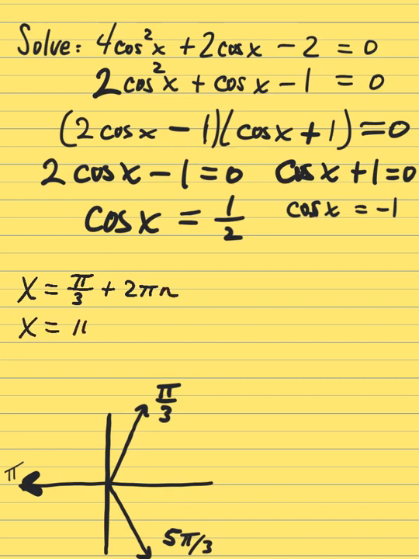Our second angle was π. In order to get back to that location, we have to make a full rotation. And our third angle was 5π/3. And we'll put a full rotation on it.